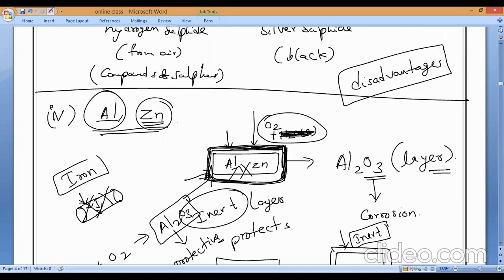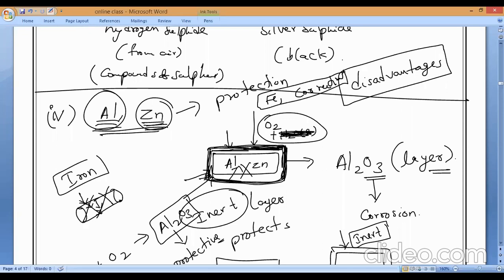Sir, why is it our advantage? At least the upper layer is getting damaged, correct, sir? Instead of the metal being completely damaged, only the top layer will be damaged. It is okay, correct? Yes or no? That is why we use aluminum and zinc metals for the protection of iron and other highly corrosive metals.